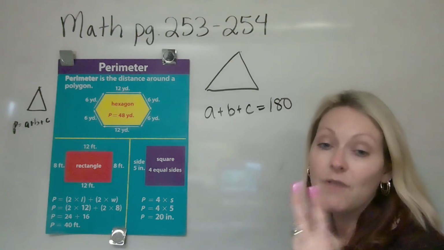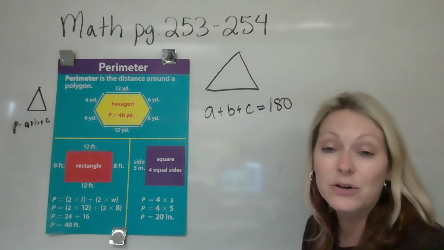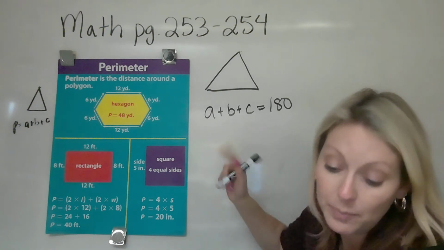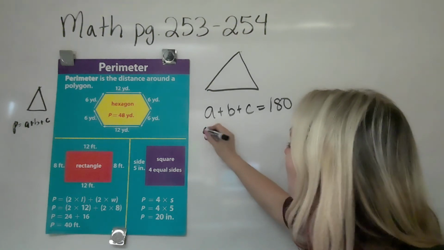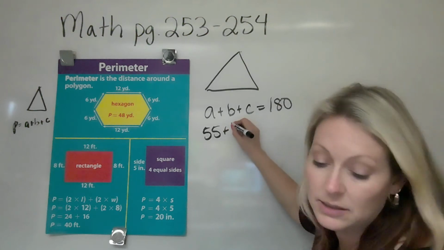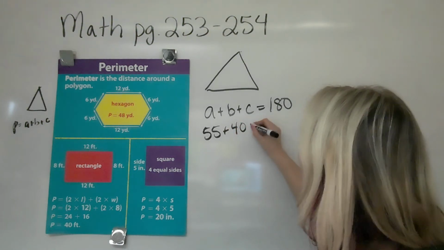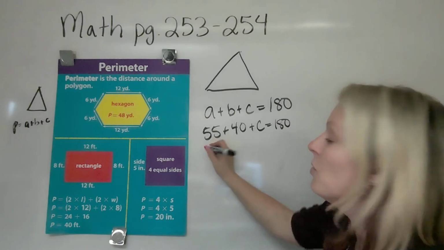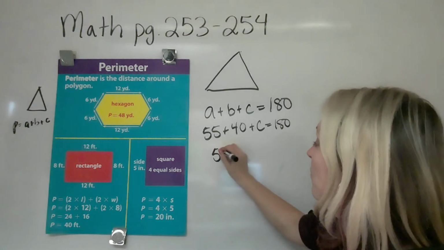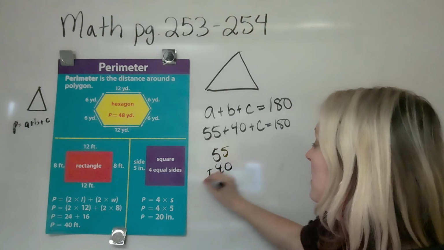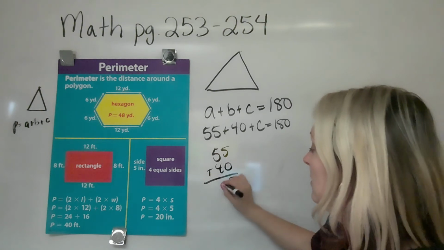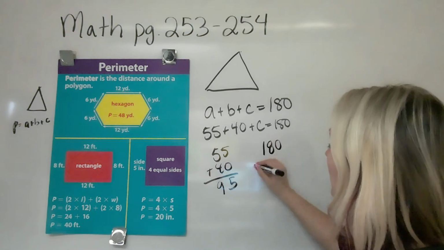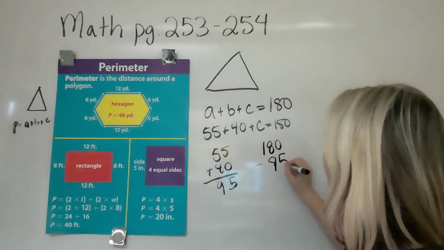So if I have 2 out of the 3 angles for a triangle, I should be able to get my answer because I have 55 plus 40 plus C equals 180, right? So we would do one of 2 things. I can do 55 plus 40 is 95. Then I need to subtract it from 180.